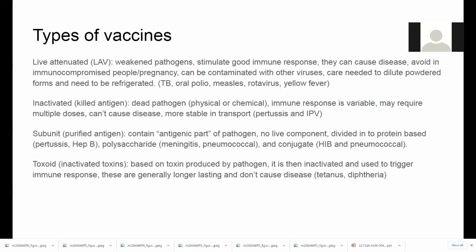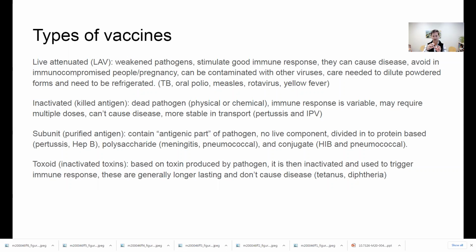The subunit vaccines are interesting in that there are three different types of subunit vaccines. And when we talk about a subunit, we talk about this antigen or this piece that we're trying to get an immune response to.